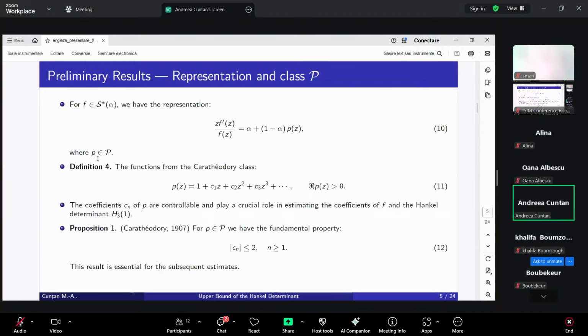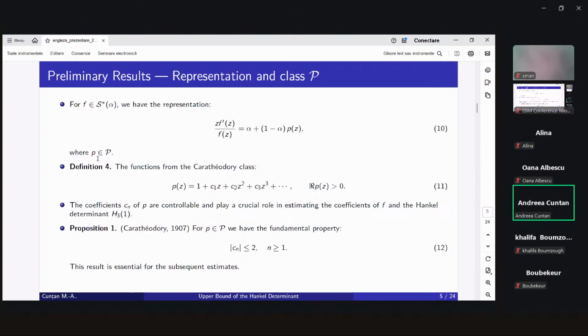The coefficients c_n of p are controllable and play a crucial role in estimating the coefficients of f and the Hankel determinants.